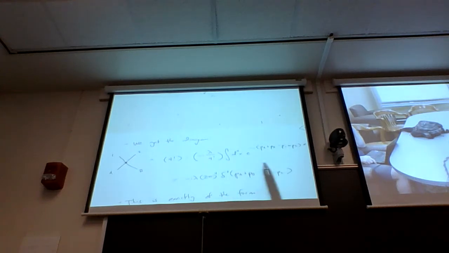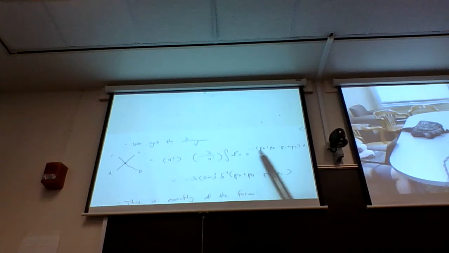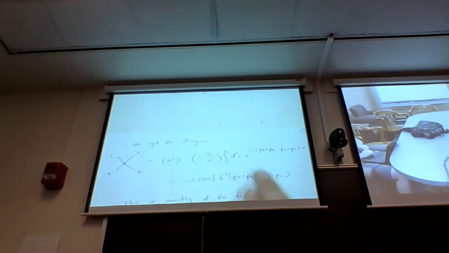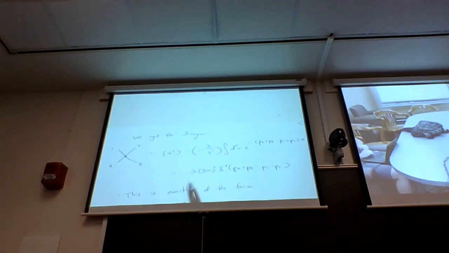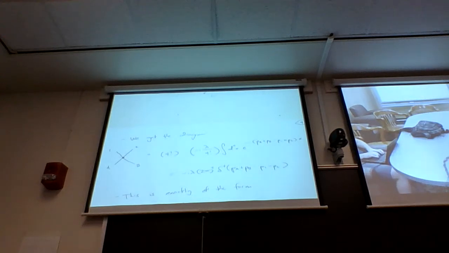And if you use our Feynman rules for the external lines, they each come in with factors of e to the i p x with either plus or minus depending on if they're incoming or outgoing. What we get is something that looks like minus i lambda, and then the 2 pi to the 4th, and the delta function is coming from this integral. Right? This is just the integral representation of the Dirac delta function.